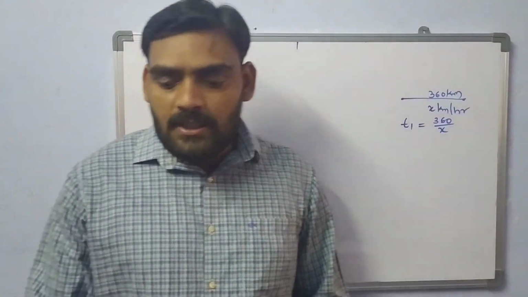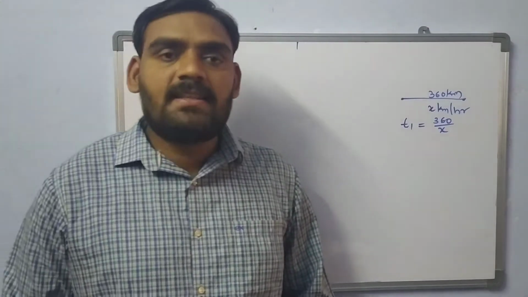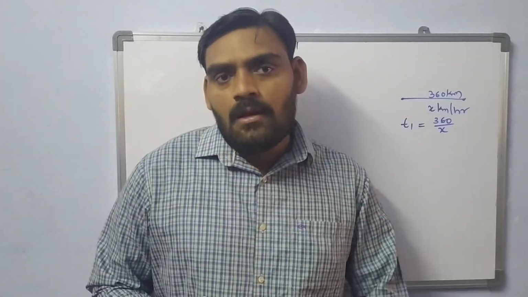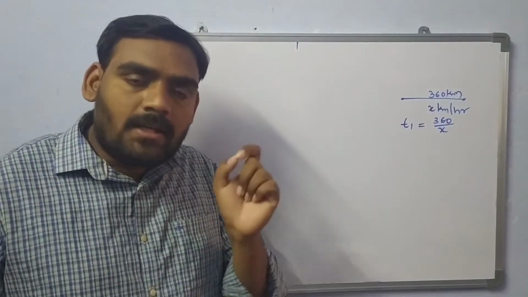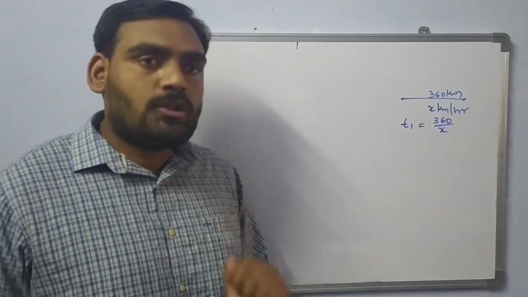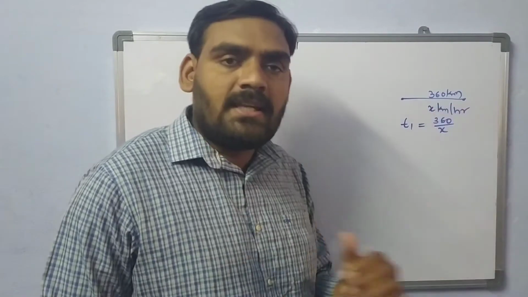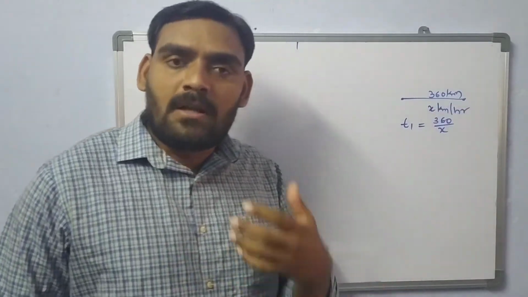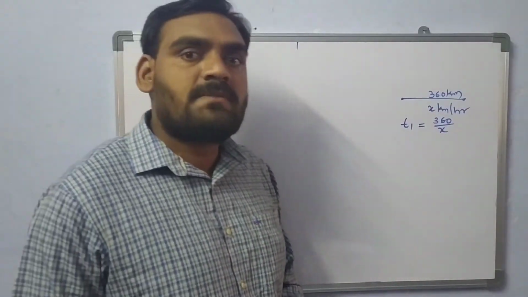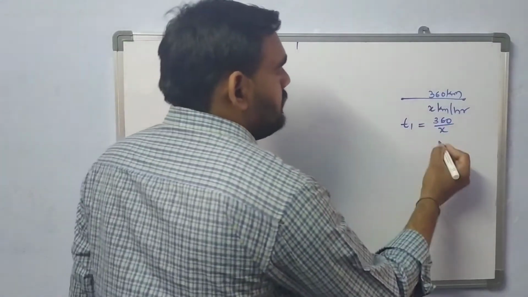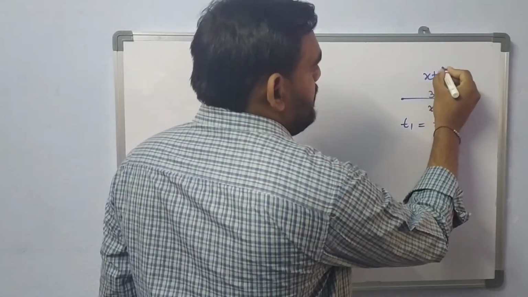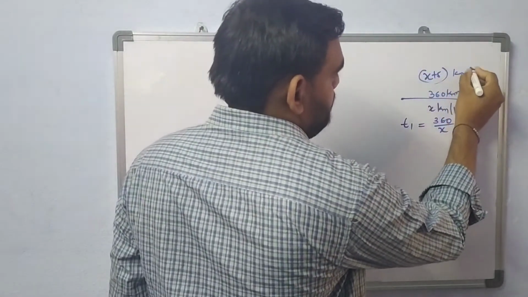And also in the problem they gave one condition, that is, if the speed had been 5 kilometers per hour more, it would have taken 1 hour less for the same journey. So if the speed has been increased 5 kilometers per hour more, the speed will be x plus 5 kilometers per hour.